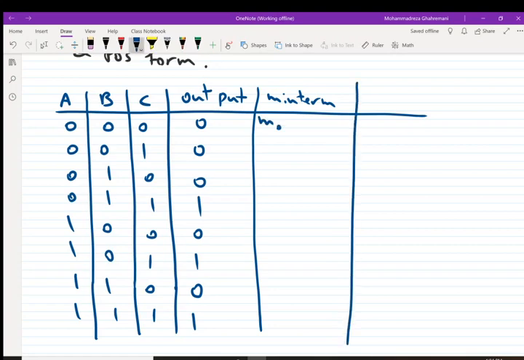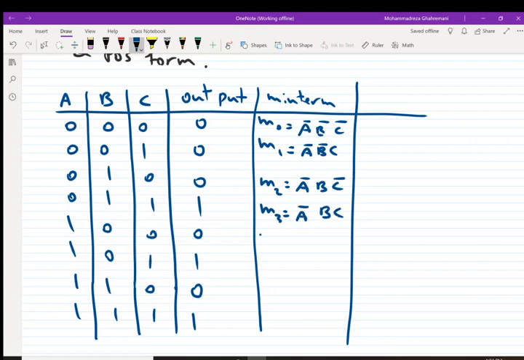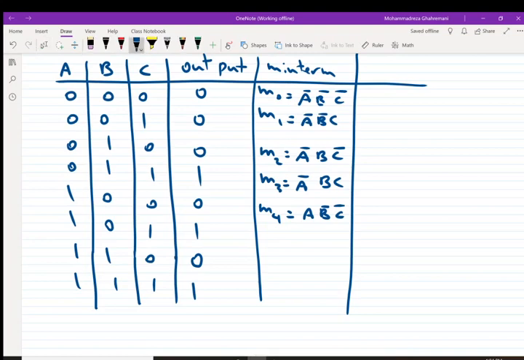Start from m0. m0 is A bar, B bar, C bar. m1 is A bar, B bar, C. m2 is A bar, B, C bar. m3 is A bar, B, C. m4 is A, B bar, C bar. m5 is A, B bar, C. m6 is A, B, C bar. And m7, of course, is A, B, C.